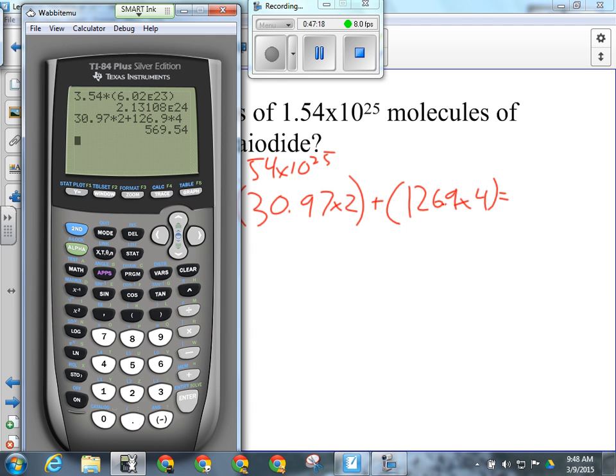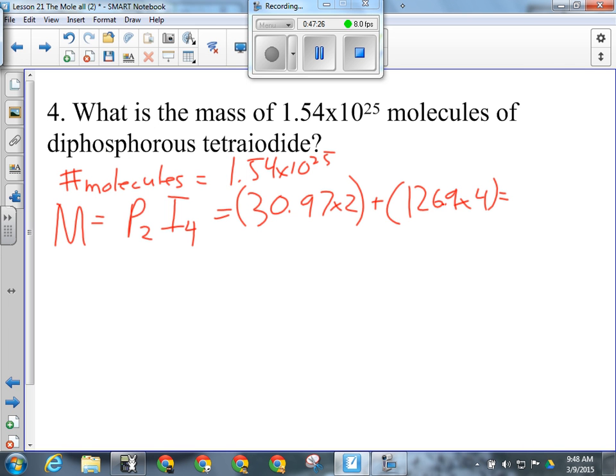Okay, so 1 mole of diphosphorous tetraiodide has a molar mass of 569.54 grams per mole. Okay, and that's all I have at this point.